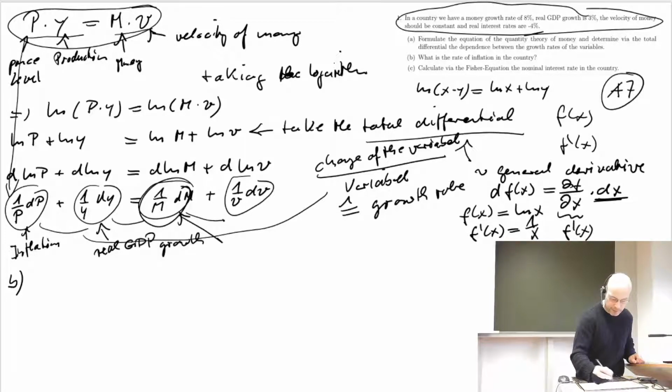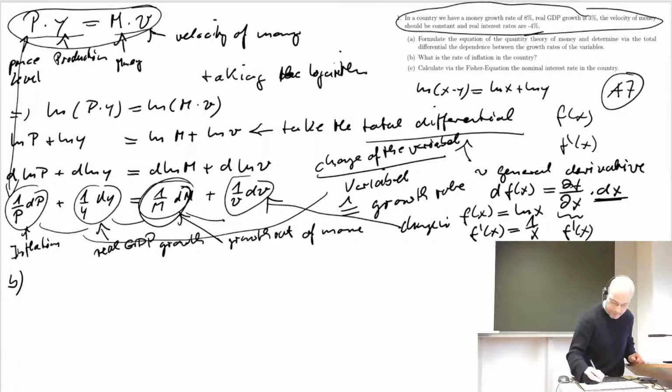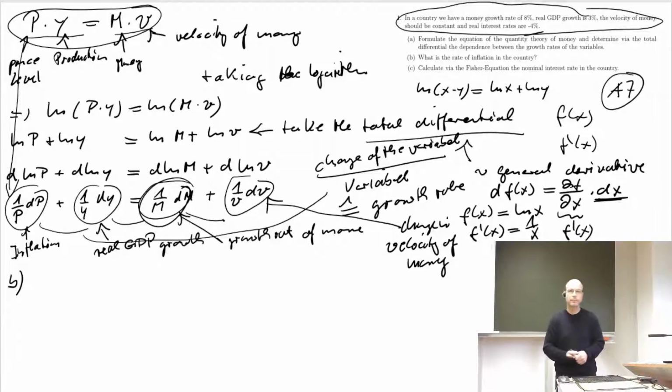This is, of course, the growth rate of money, and this is the change in velocity of money. And now just put in the numbers.